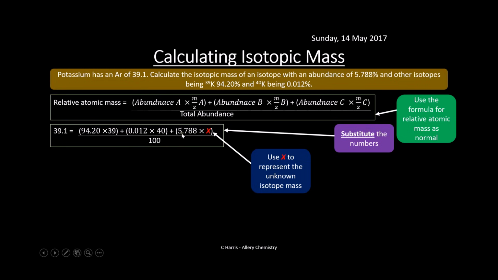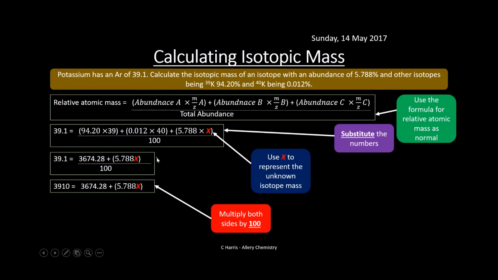We know the percentage of this last one, but we don't know the mass of this isotope, and that's what we want to work out, which I've represented with a big red x there, all divided by 100. This is where the mathsy bit comes in. I've multiplied these two out, and we've got a grand total here of 3674.28 plus, and then we've left this bit here divided by 100. All I've done is sort this little bit out and simplify it.